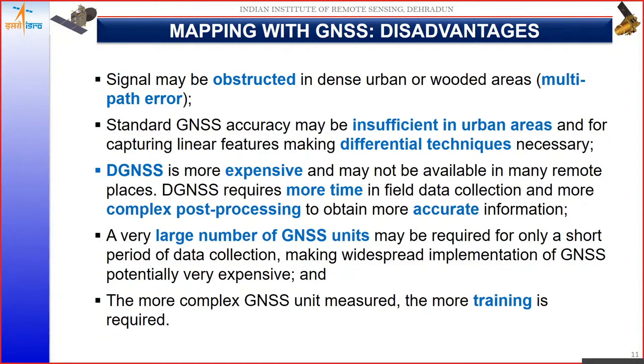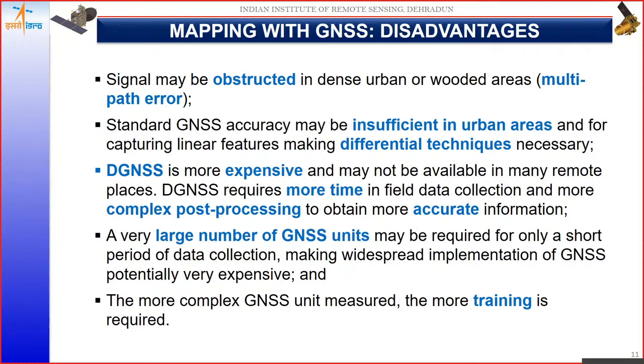So as I was telling you, in an urban environment the signal is obstructed because of the presence of tall buildings or tall trees, etc. Depending on the need, if you're working with very high resolution satellite data, GNSS accuracy may be insufficient.